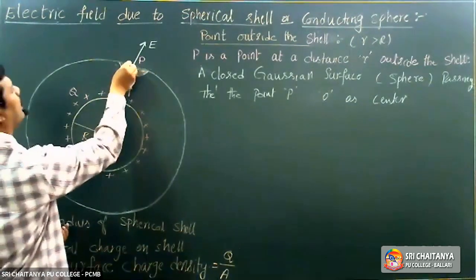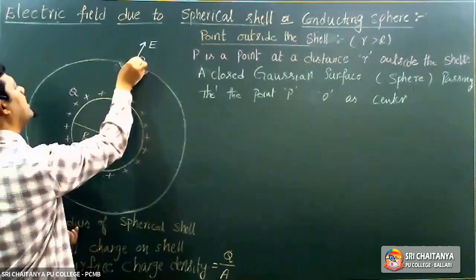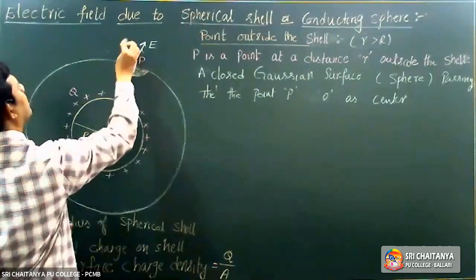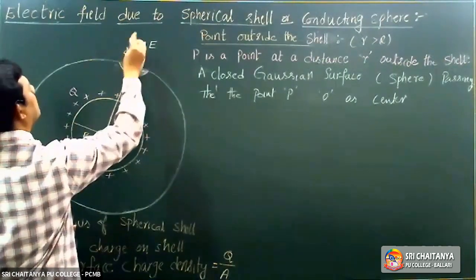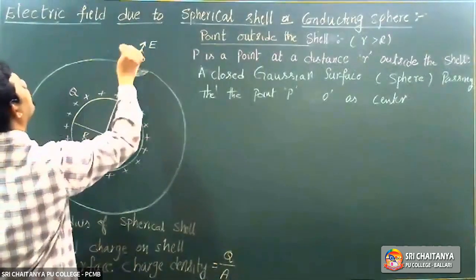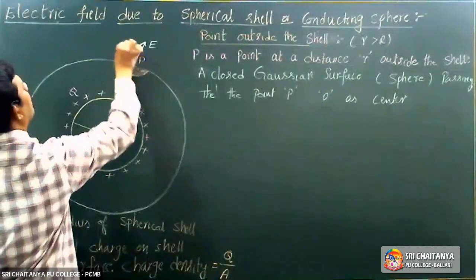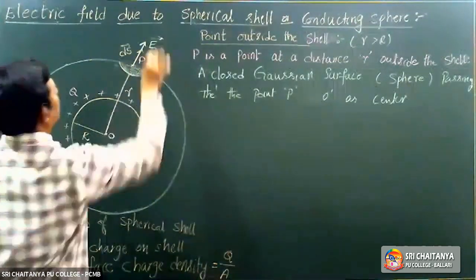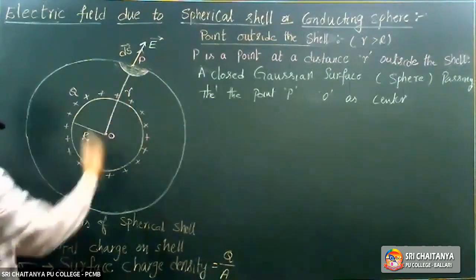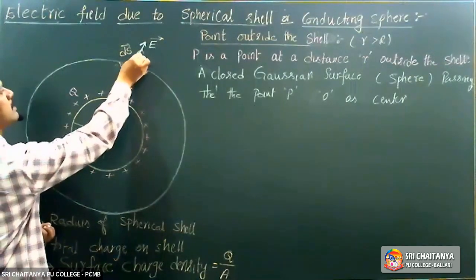Its area vector, if I draw, is also in the same direction. So a small surface element is considered and its area vector is drawn.